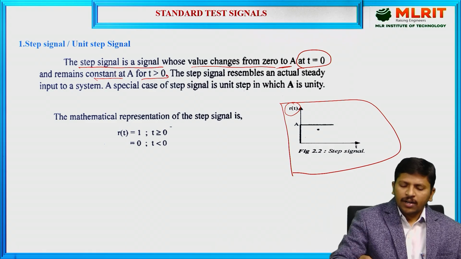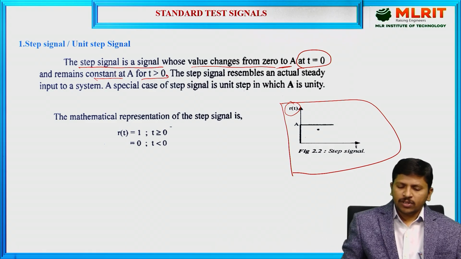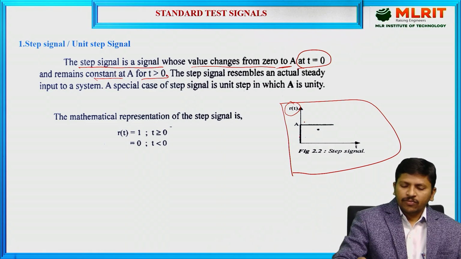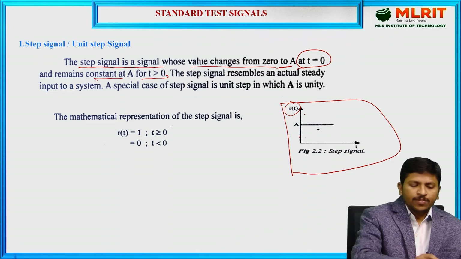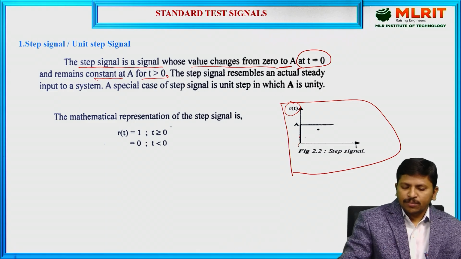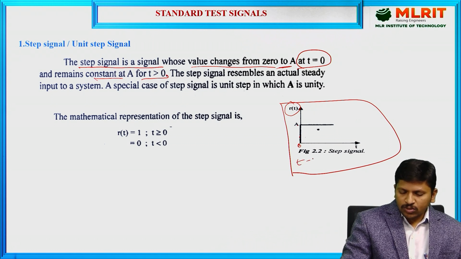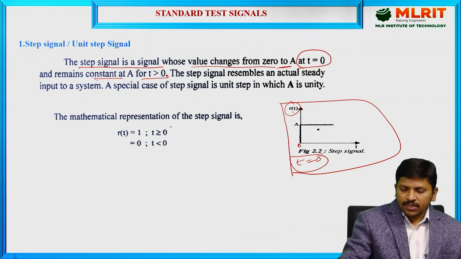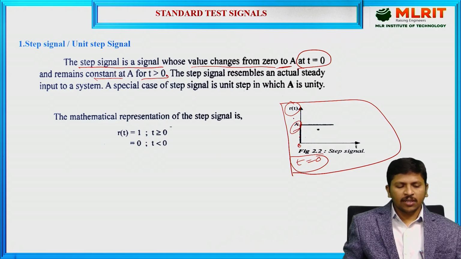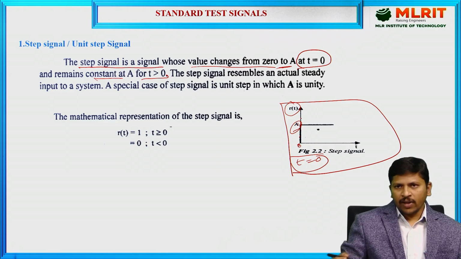Here R of t is the input, and A is 1 unit. The step signal goes simply from 0 to A at t equals 0. When t equals 0, it is equal to A. That is nothing but the value going from 0 to A.